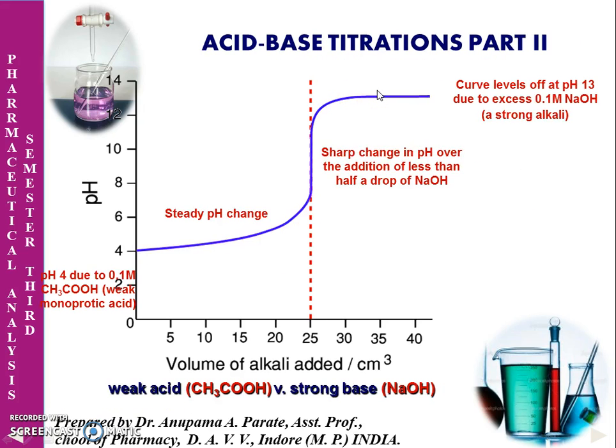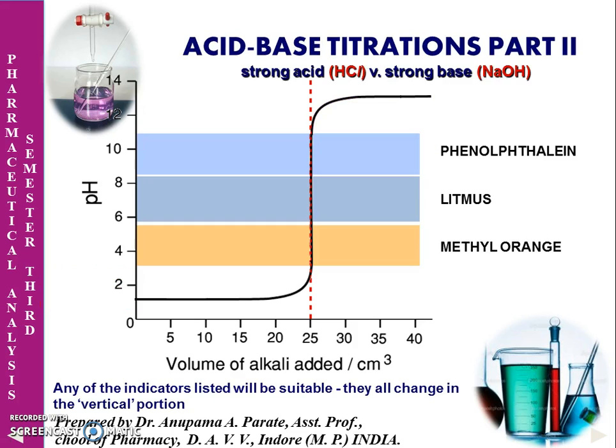To continue, we now have the titration between a weak acid, which is 0.1 molar acetic acid or ethanoic acid, and a strong base, that is 0.1 molar sodium hydroxide. As we see, the shape of the curve in the case of strong acid and strong base titration is a perfect sigmoidal curve depicting a sharp change in pH.